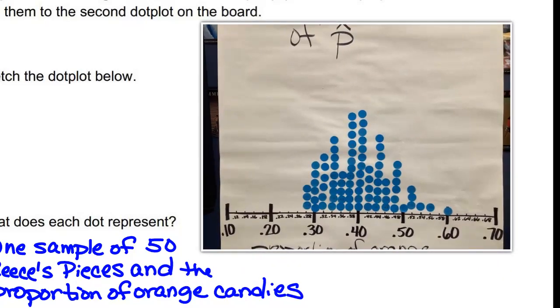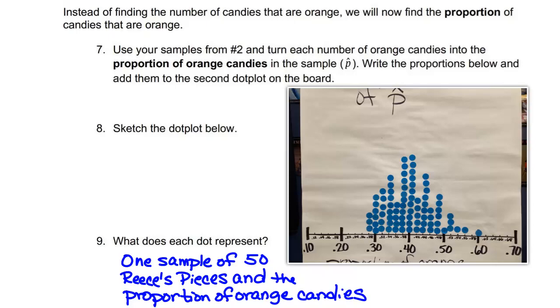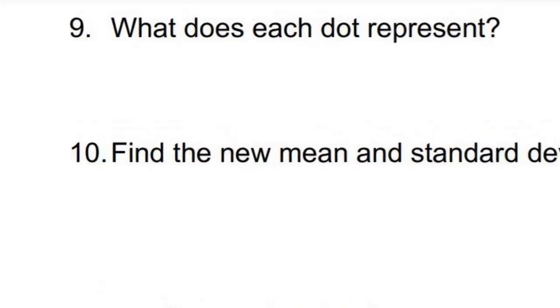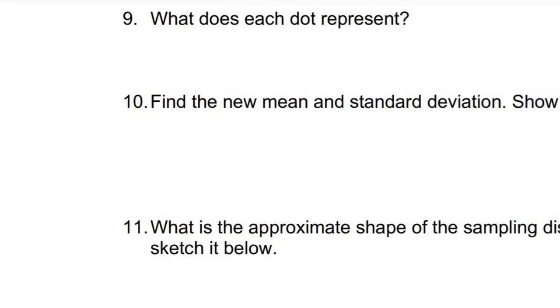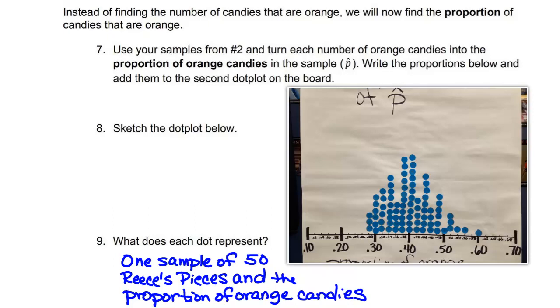Now we got our graph up there. Okay. Find the new mean and the new standard deviation. Does anybody need me to go back? I got it to work. It worked while you guys were putting your stickers up there, which is the only reason we're going to have a video today. So there's not a video of the first part, but there is a video of this part now. One sample of 50 Reese's Pieces and the proportion of orange candies in that sample.